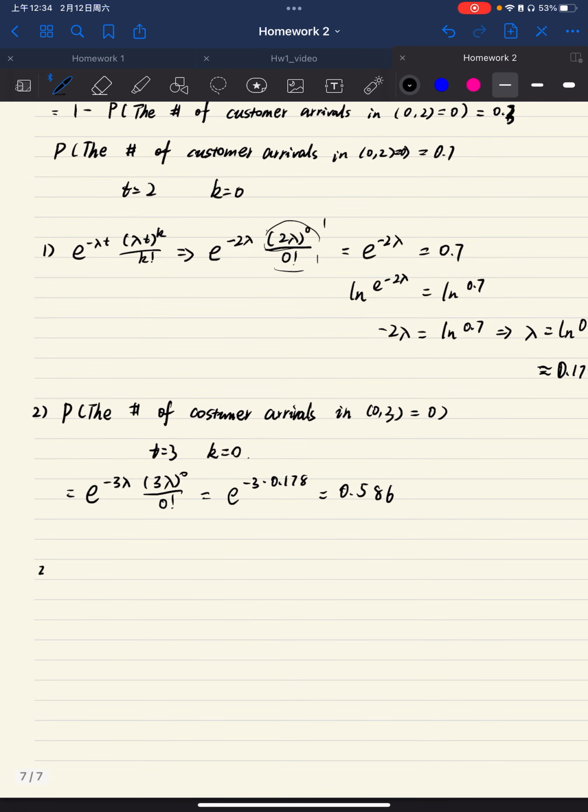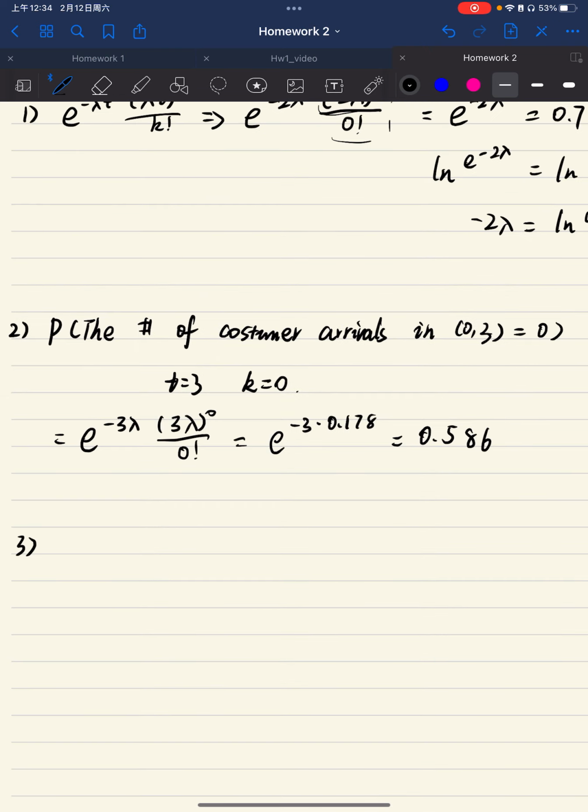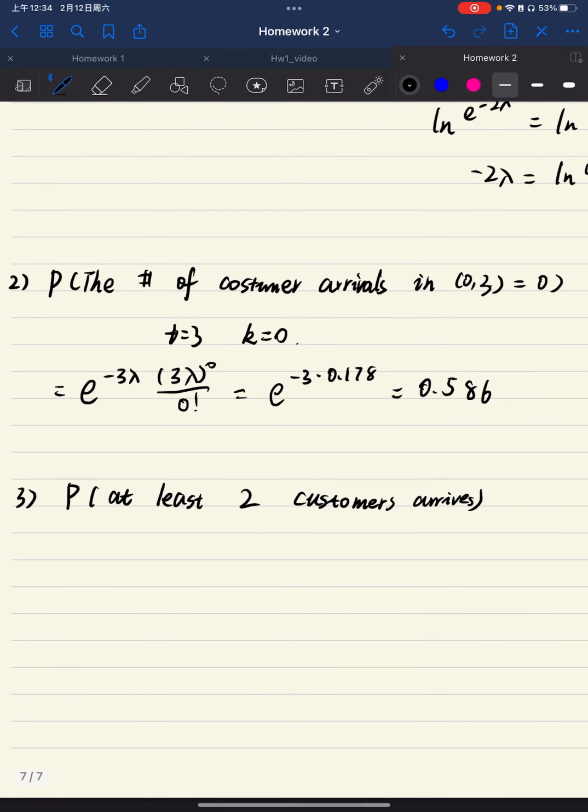For the third one, we are asked to find the probability that in 10 minutes at least 2 customers will arrive. It can be considered as a complement set, since at least 2 customers is hard to find directly.